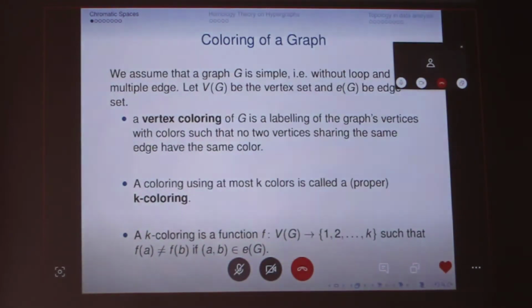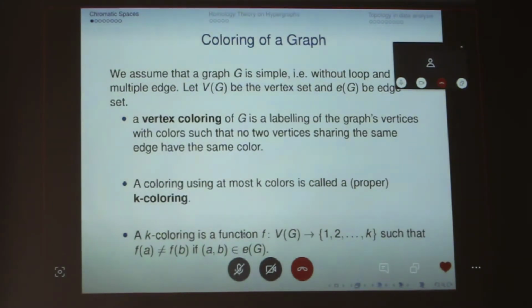The coloring means just putting colors on the vertices. There is one rule: if two vertices are joined by an edge, they should have different colors. Right? So that's the rule for coloring.